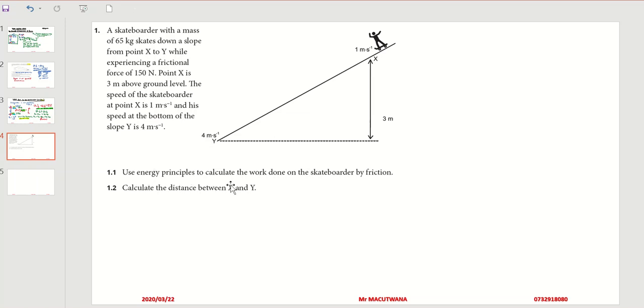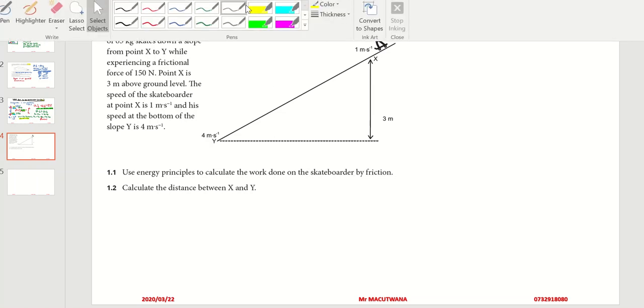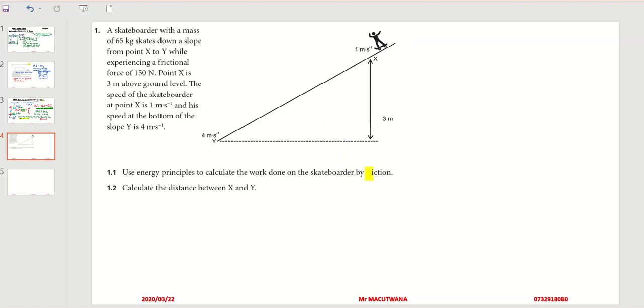Use energy principles to calculate the work done on the skateboarder by friction. Now, you need to take note of the fact that friction, unlike the force of gravity, is a non-conservative force.